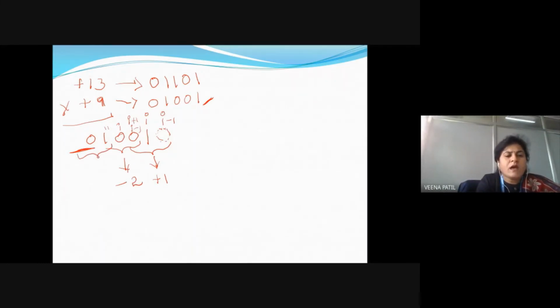Now I have to consider the next 3 bits, but there are only 2 bits. So for that, I have to extend the last bit. I have already put here 1, and 0 I have to just extend it to 0, because the MSB bit, the sign bit, is 0, so I am extending it.